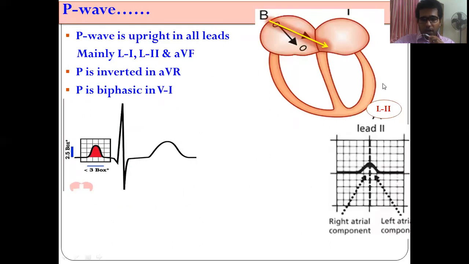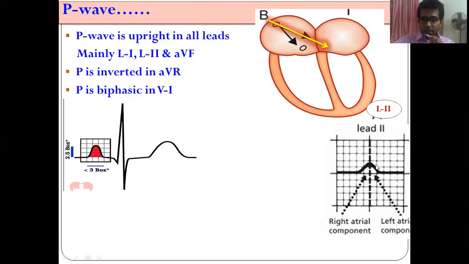So it is downwards and to the left. So it will produce a positive deflection on the ECG paper, especially more prominent in lead 2, because the direction of this P wave axis and the lead 2 axis are almost parallel. So the most prominent wave will be produced by lead 2.